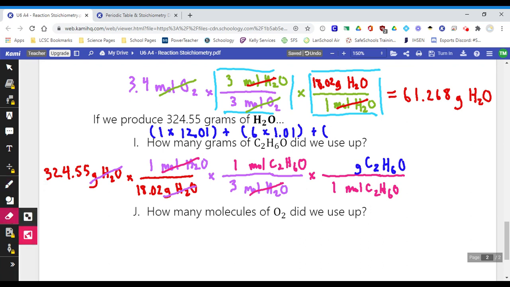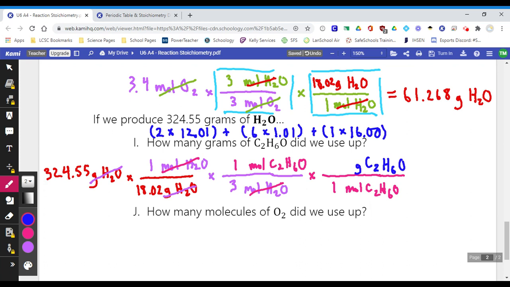What am I doing? I'm losing it. There we go. I have 2 carbons, C2H6O. So 2 carbons, 2 times this 12.01. 6 hydrogens, 6 times 1.01. And 1 oxygen, so 1 times 16.00.